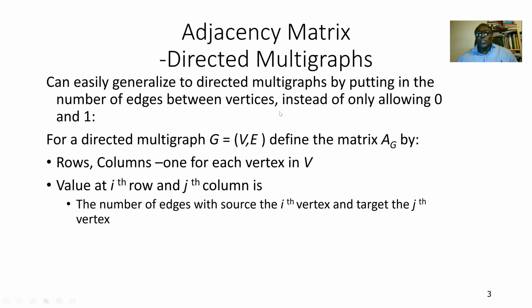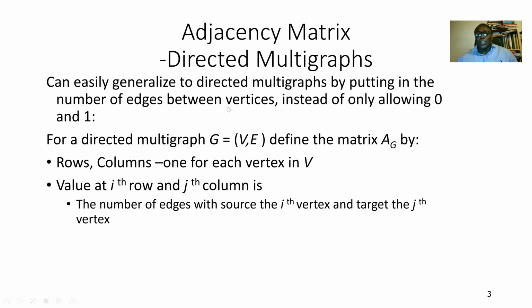Which means, for example, if I'm in the first row and first column, it's like a loop, from vertex 1 to vertex 1. How many edges do we have? Again, a vertex is the node.